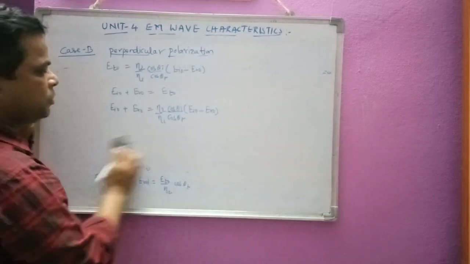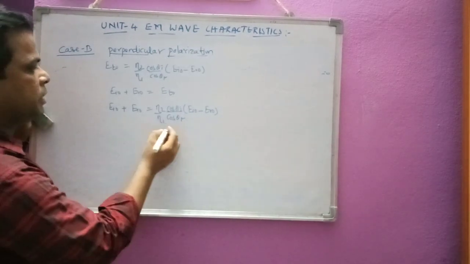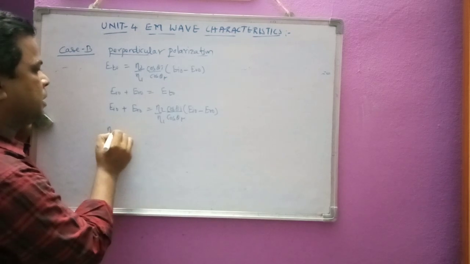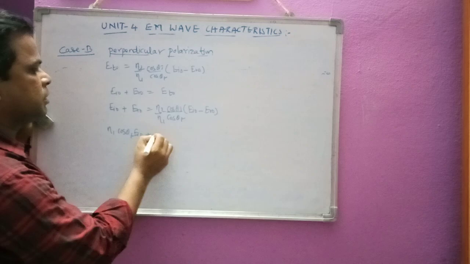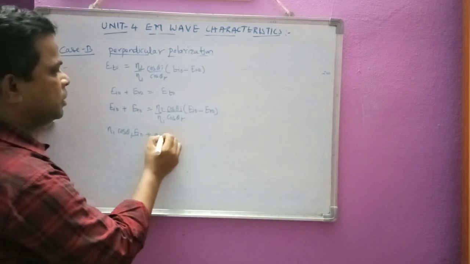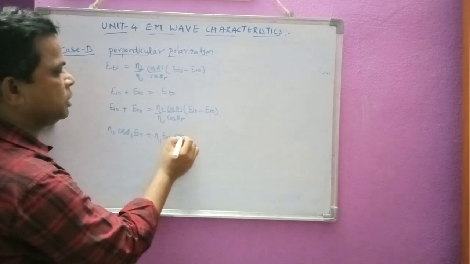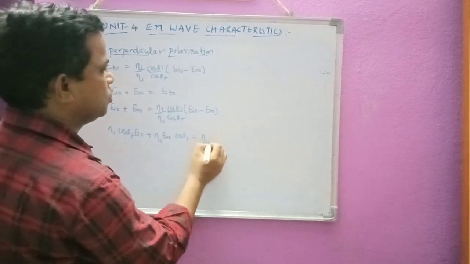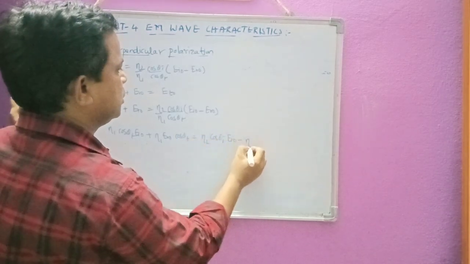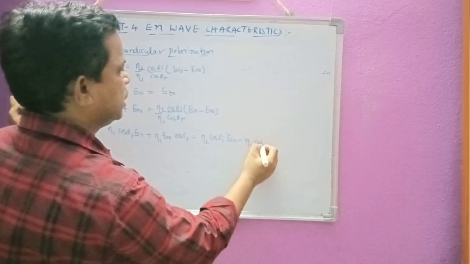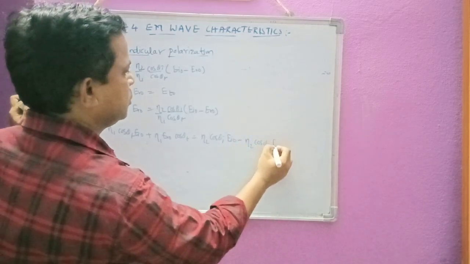Now solving this equation, we get eta 1 cos theta t Ei0 plus eta 1 Er0 cos theta t, that is equal to eta 2 cos theta i Ei0 minus eta 2 cos theta i into Er0.